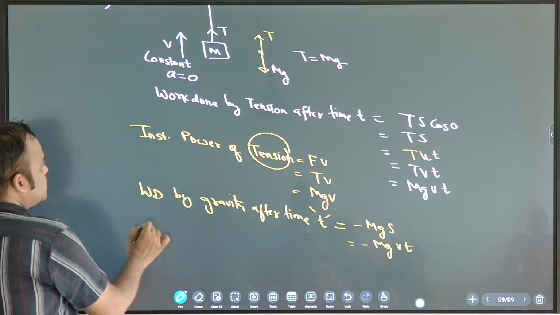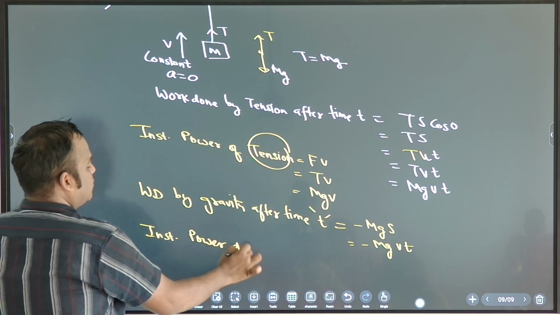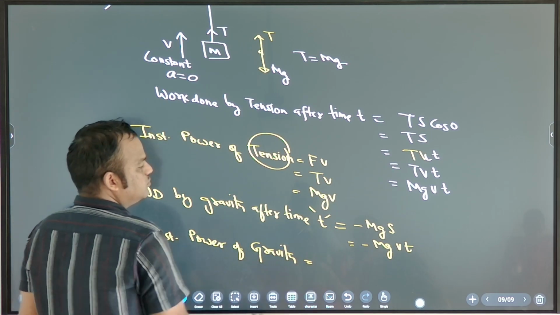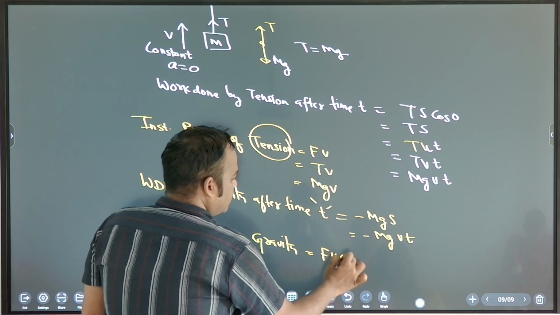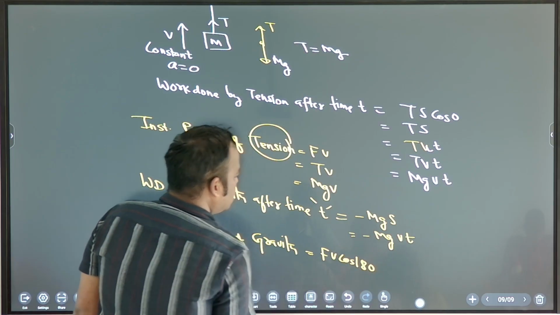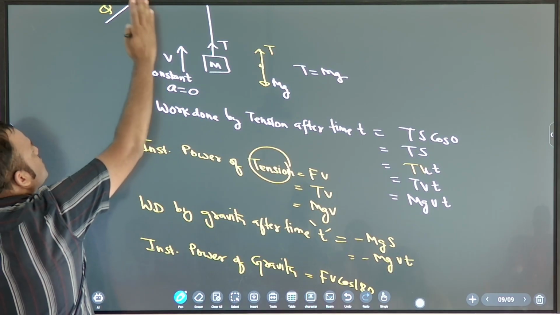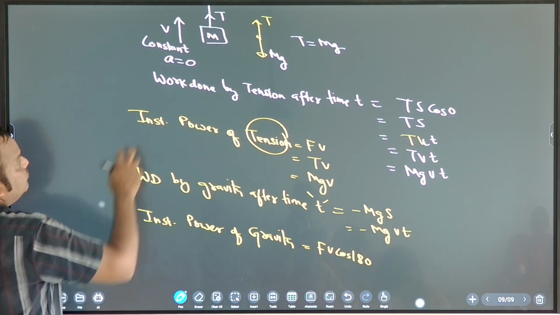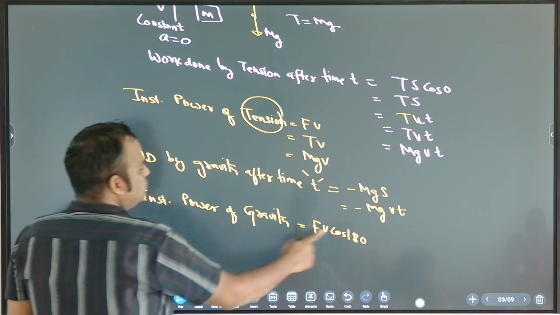And what is the instantaneous power of gravity? Plus or minus? So Fv cos 180. Velocity is upward, mg is downward, so the angle is 180.